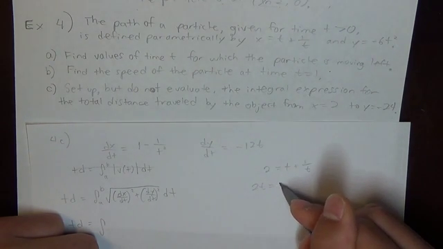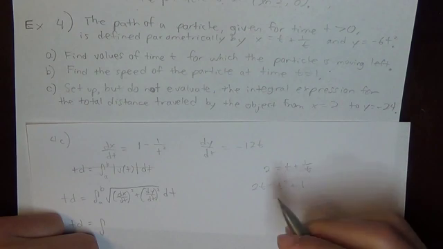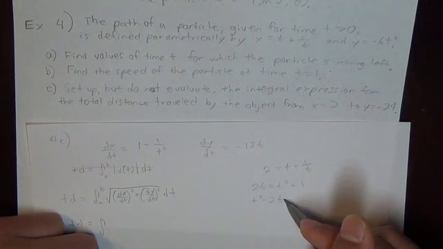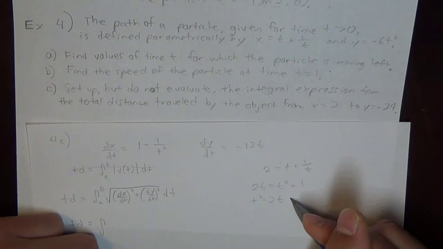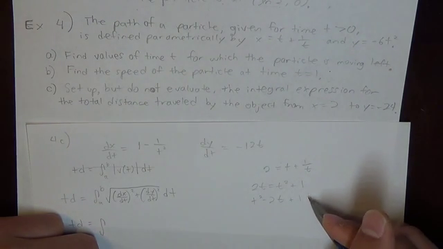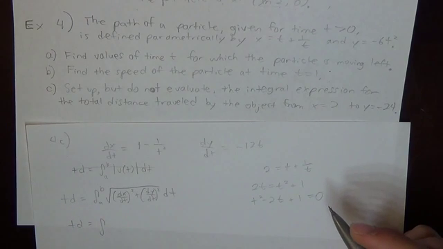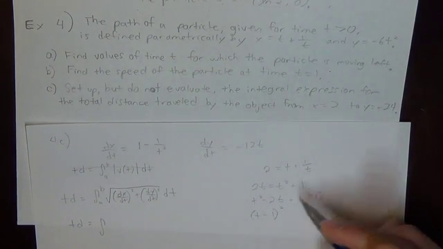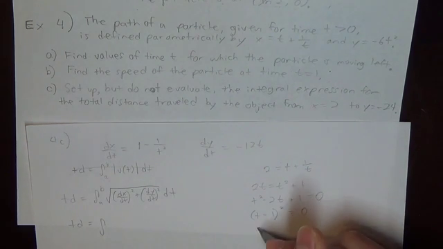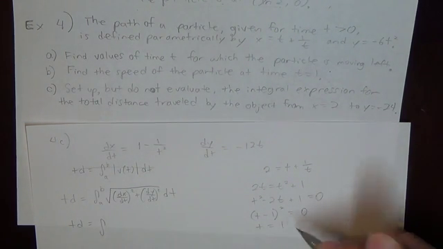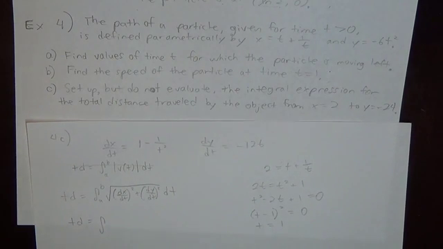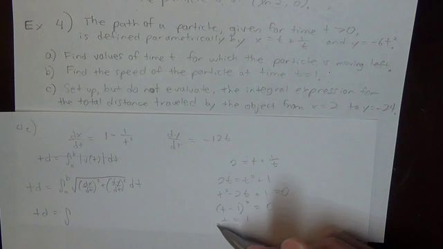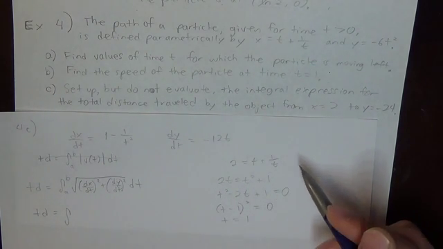So 2t equals t squared plus 1, and t squared minus 2t plus 1 equals 0. Then I'm going to factor this, and we get t equals 1. So we found the value of t when x is equal to 2.